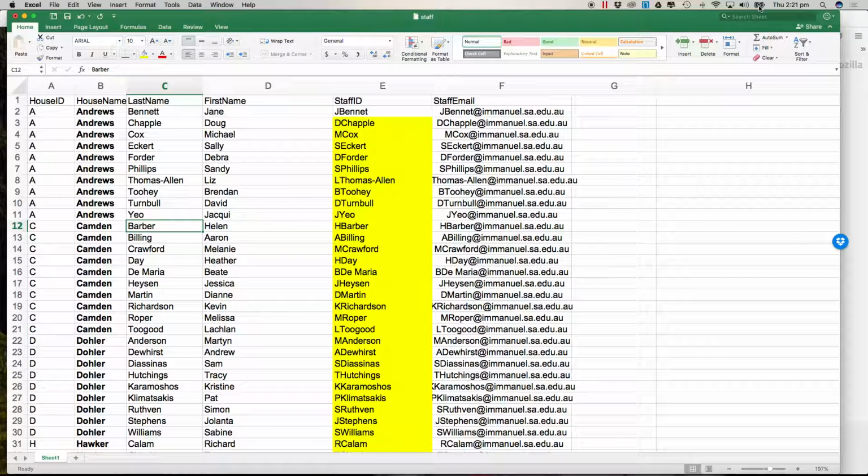Now we ask ourselves this: can a student be involved in more than one event? In other words, can you be in 100 metres and 200 metres and 400 metres? The answer is yes. Can an event have more than one student? The answer is yes. So that's a many-to-many. Now here's the rule. To resolve a many-to-many, we now put a table in the middle there.